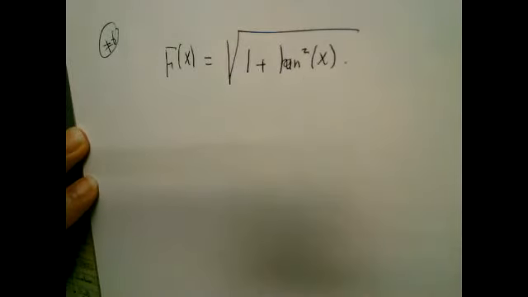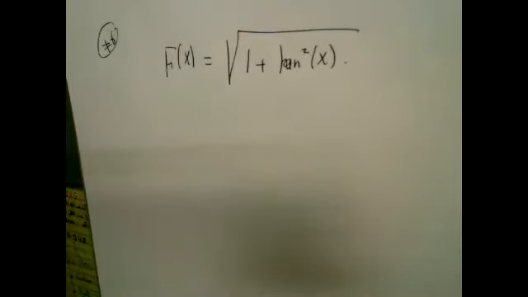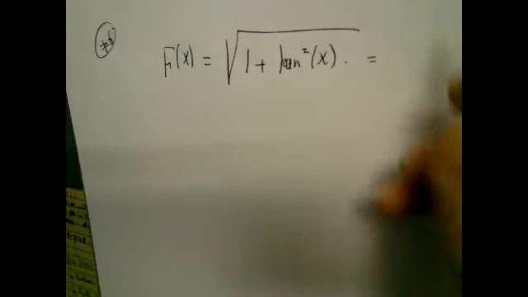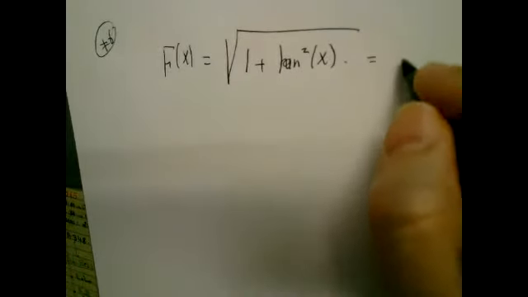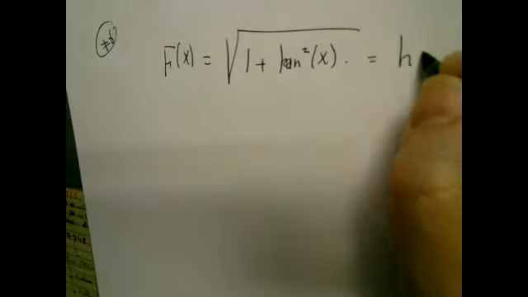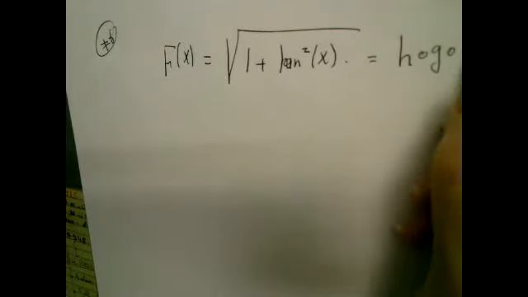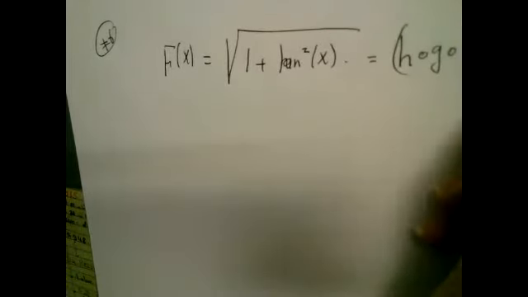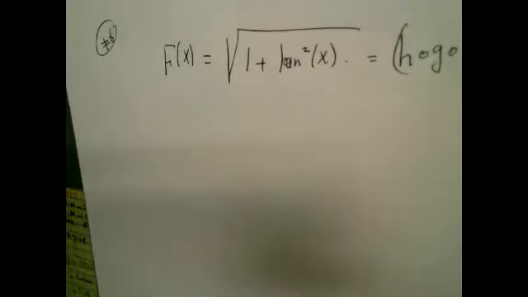I want you to write it as a composition of 3 functions. In other words, I want you to find 3 functions. Let's call them h, g, and l. And I want you just to write it as a composition.